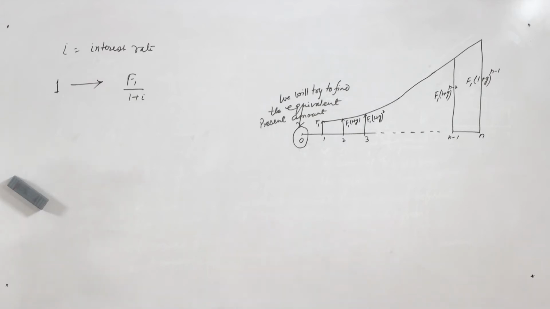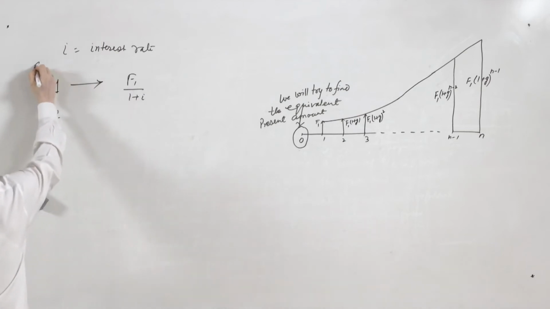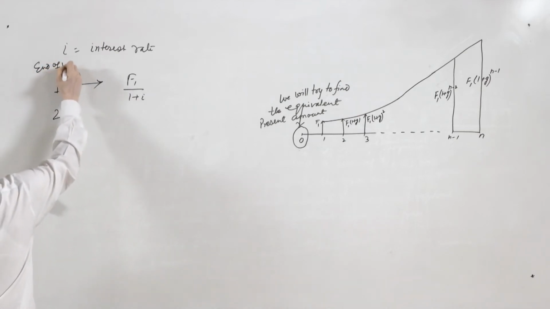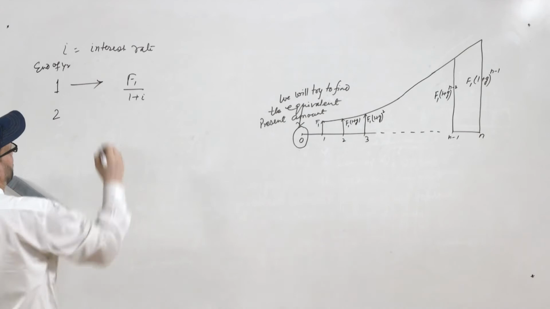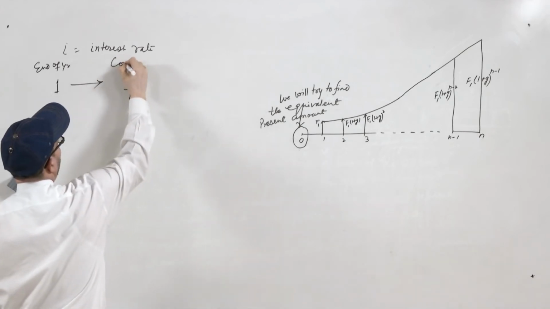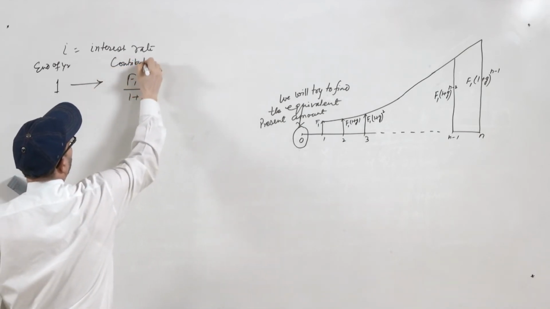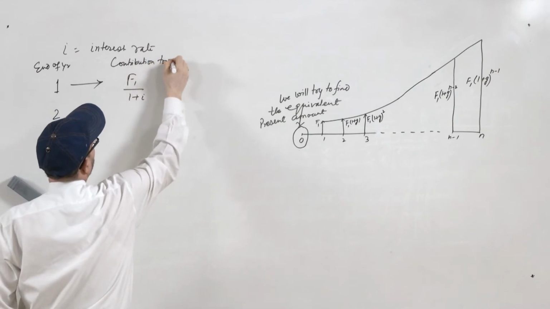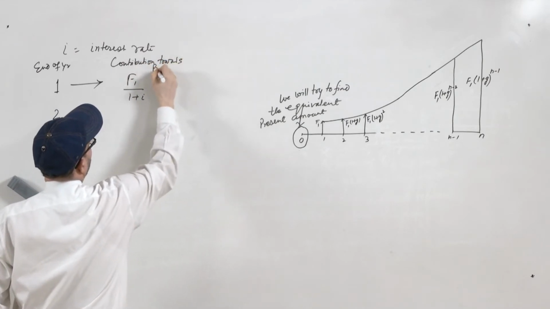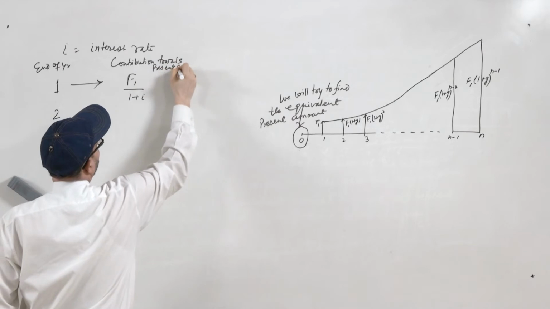In the second year, this is the end of year and this is the contribution towards the present amount.